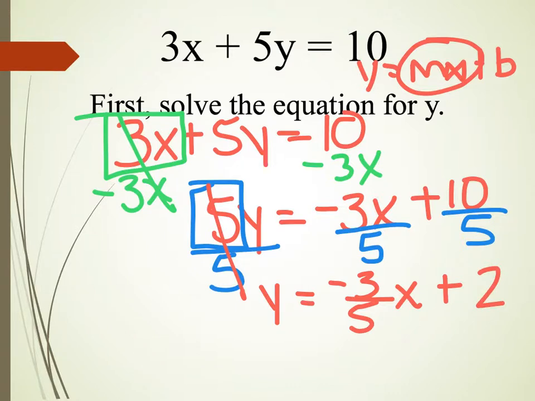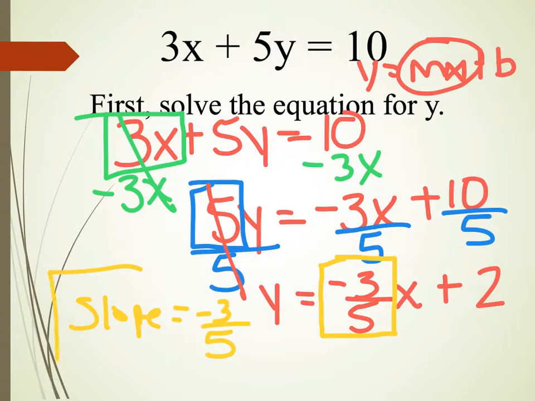When figuring out what our slope is, it's always the number with x. So our slope is negative 3 over 5. Slope equals negative 3 over 5. This would be your answer.